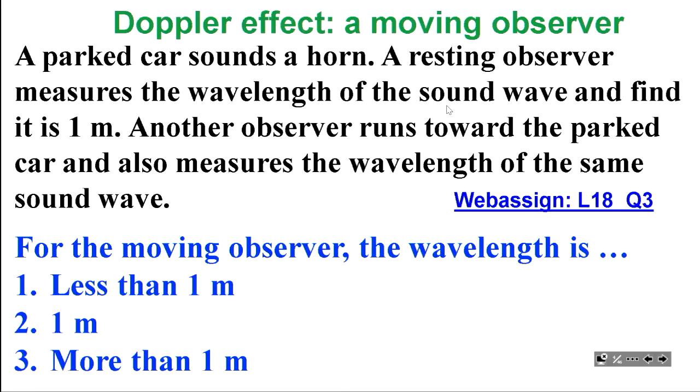However, there is a second observer, someone else, and that person runs. How can it run? Well, we only consider a one-dimensional situation. So a moving observer can travel toward a source or away. Does it matter? Yes, it matters. In this situation, an observer travels toward the source.